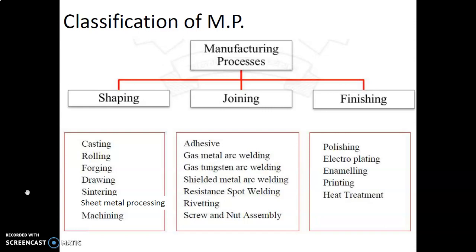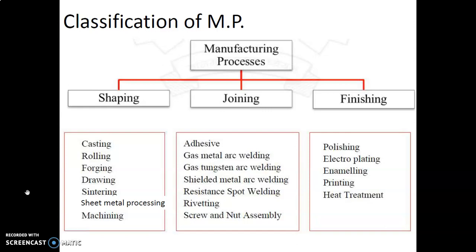You can see we have lots of technologies used for joining two materials. Suppose you want to join two rods or two metals. In that case, we can use welding. We can even use screw and nut bolt, or riveting.